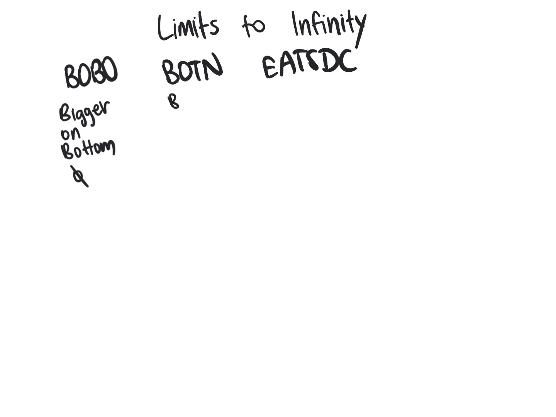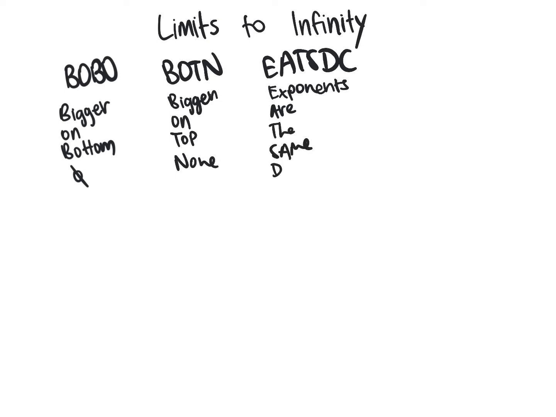BOTN means bigger on top, none. And EATS means exponents are the same, divide coefficients.